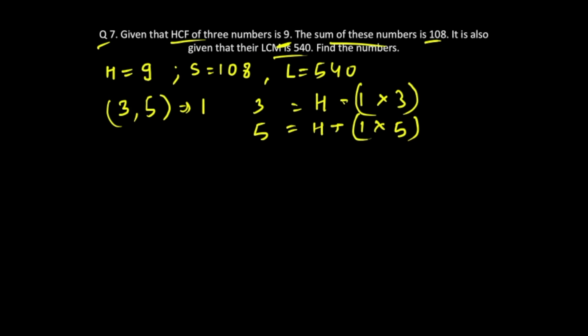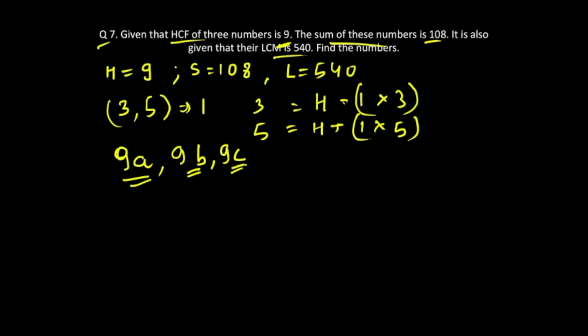Since we know our HCF is 9, we'll assume these 3 numbers as 9A, 9B, and 9C. This assumption becomes important because we need the prime values which will be used later in the LCM also.